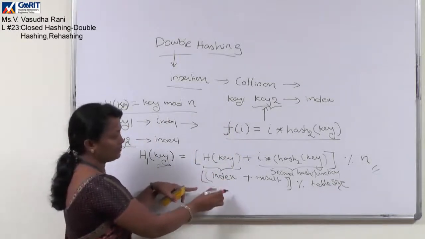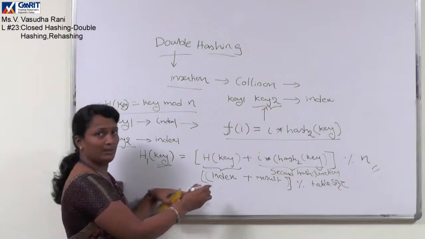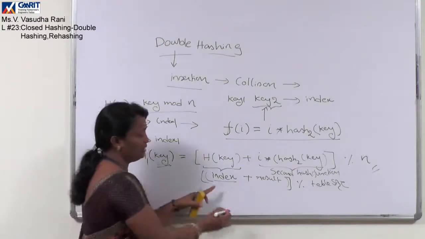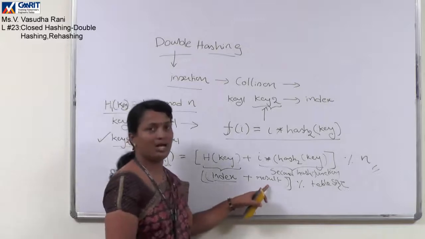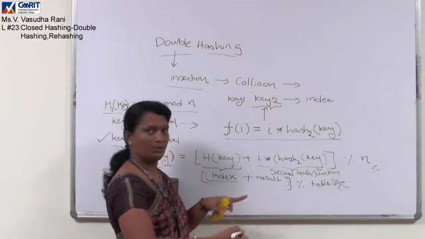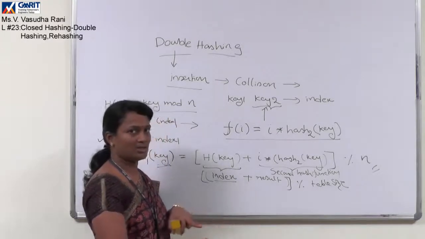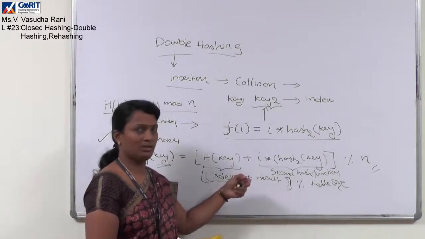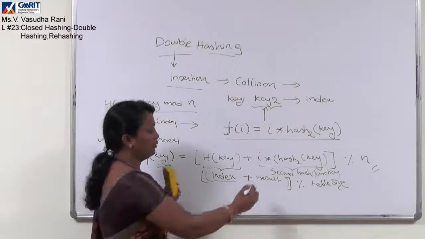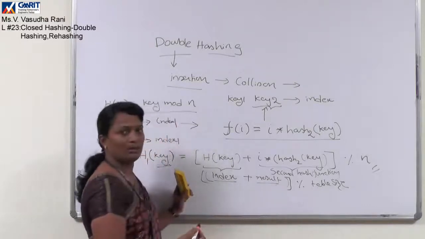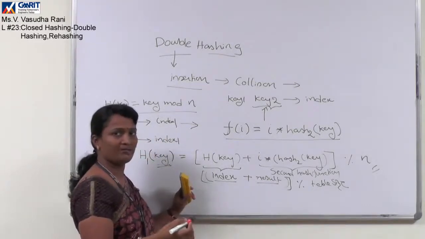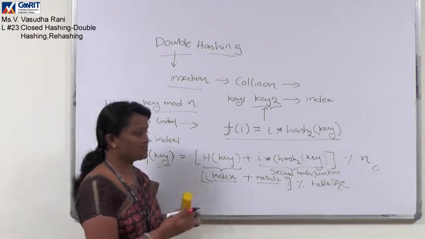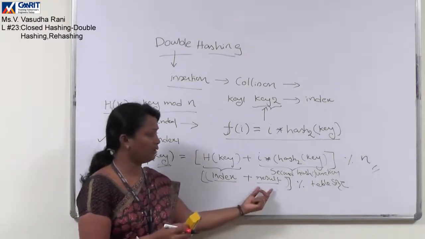You can observe that in the earlier linear probing and quadratic probing, the index is added with the i value, where i takes the values 1, 2, 3, so we used to get the next immediate location. In quadratic probing, we considered square values: 1 square, 2 square, 3 square, and using that we could get the next empty location.